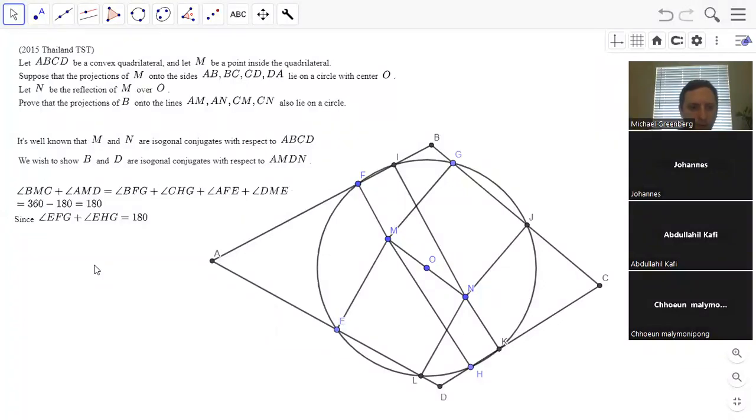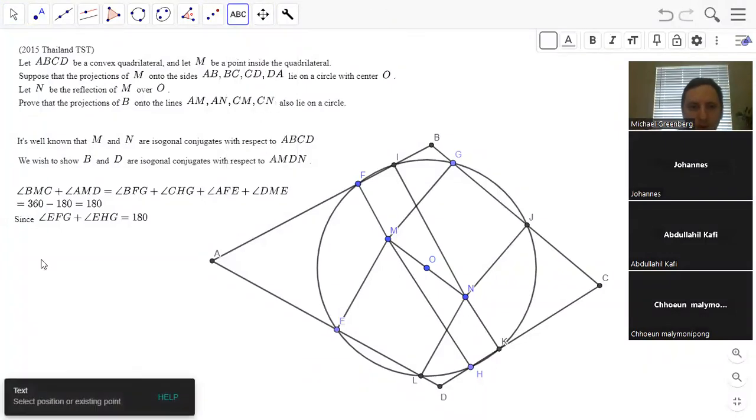And it's because EFG plus EHG is 180. Oh, nice. Yeah, because I see how you did it. You said EFG is 180 minus BFG minus AFE. And I like that. All right.